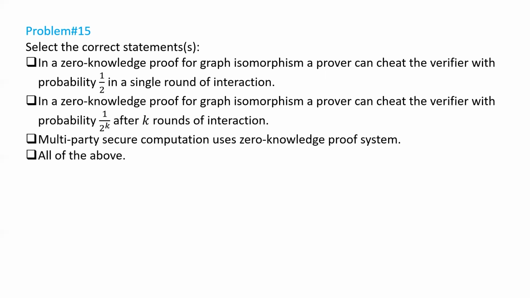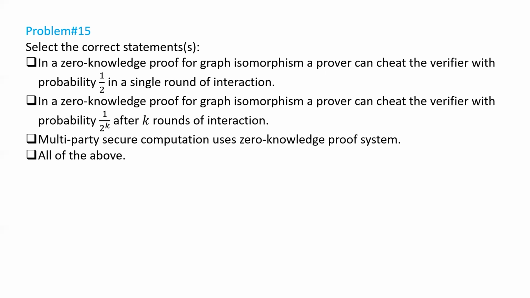It comes up with some other bijection, a one-to-one onto mapping from graph G2, to obtain another third graph H. Now it sends this graph H to the verifier, and the verifier asks for a bijection either from G1 or from G2.